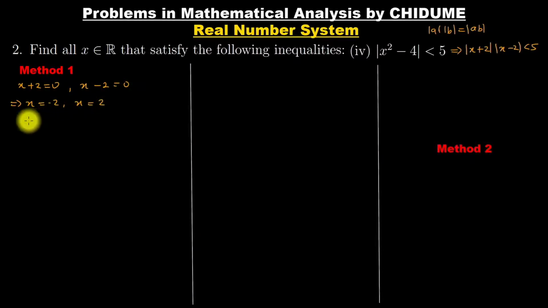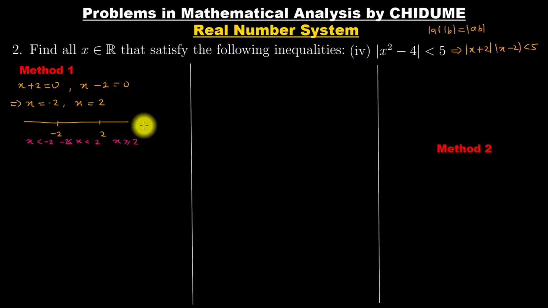So that means on our real line, we can partition our real line into 3 different parts. So let's say we have this to be -2 and we have this to be 2. So the first part is when x is strictly less than -2. The other part is when x is greater or equals to -2 but strictly less than 2. And the last part is when x is greater or equals to 2.